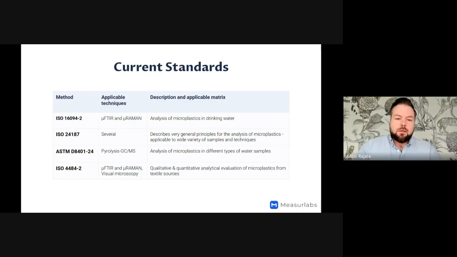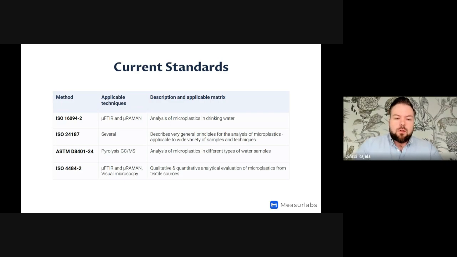And well, this document does not really provide a sample preparation, but it can be combined with standard ASTM D8333-20, which then again does describe a sample preparation for microplastic samples for similar matrices.